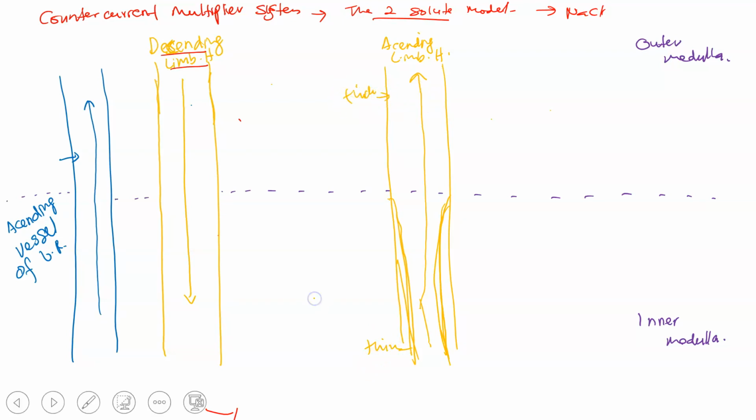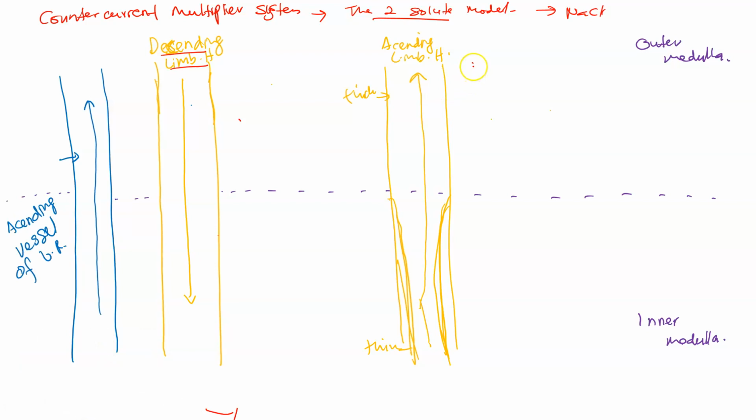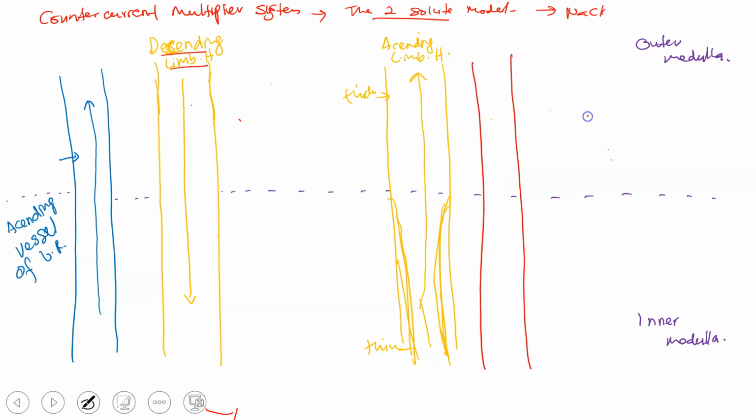Okay, so the ascending limb will flow filtrate upward, towards the cortex that enters into the distal tubule. Okay, sebelah distal tubule, we will have another blood vessels that flows blood in the opposite direction. Okay, from cortex into outer medulla into the inner medulla region.